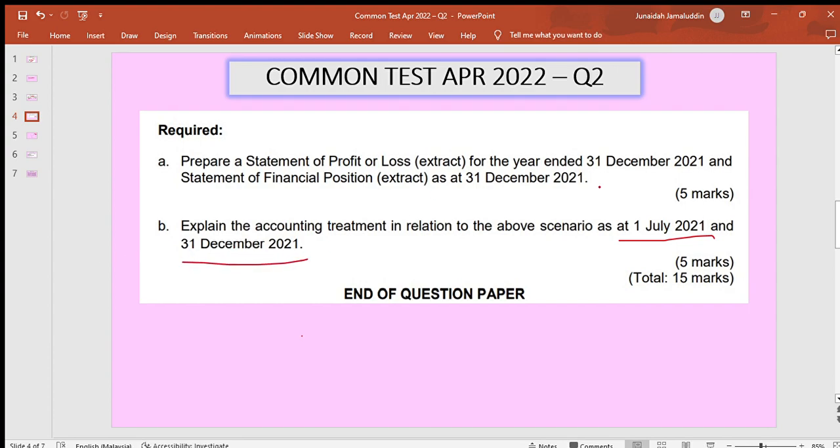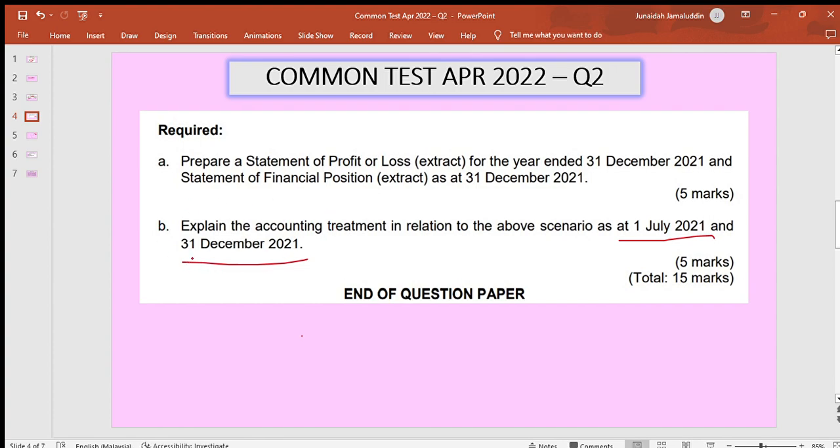So what happened on 1st July 2021 is that there was a transfer or change of use from investment property to owner-occupied property or PPE. So we need to explain the accounting treatment on the transfer from IP to PPE on 1st July 2021, and we also need to explain the accounting treatment on 31st December 2021.